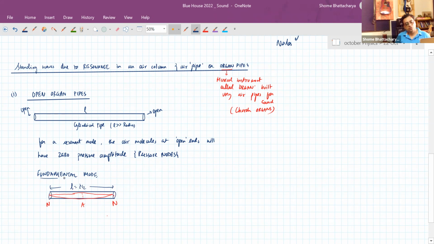So in the fundamental mode, L is equal to lambda by 2. So the fundamental frequency is 1 by 2L into the speed of sound. So this is one important formula and concept.